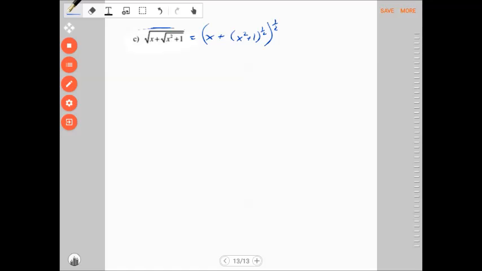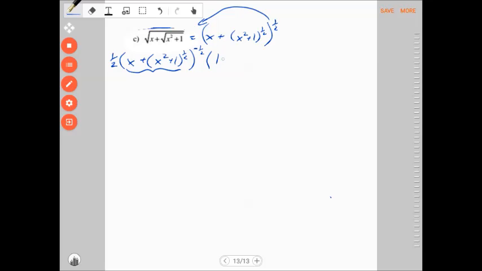Whew, okay, so to take the derivative of this, that first half comes in front. So we get a half x plus x squared plus 1 to the half. And then that exponent decreases by 1, so that's going to be negative a half. Then chain rule says I have to take the derivative of everything inside here.